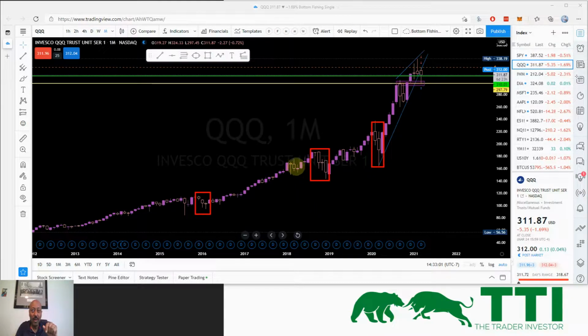And some months where it's consolidating, when you're looking at a lower time frame, those areas could also be areas of pullbacks, like this zone here could be an area of pullback. So then from here, we will go to our weekly time frame.